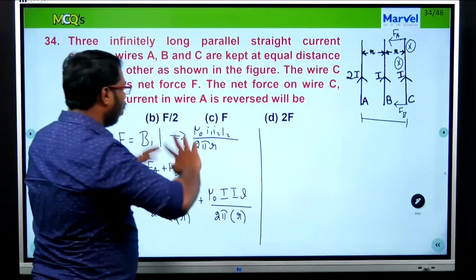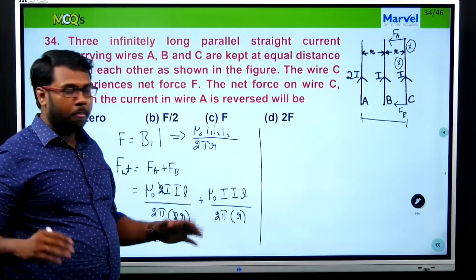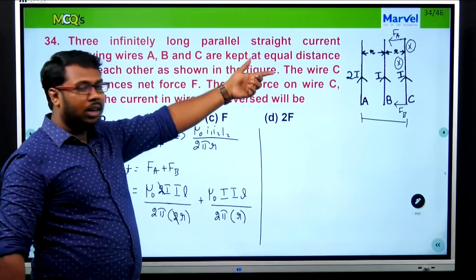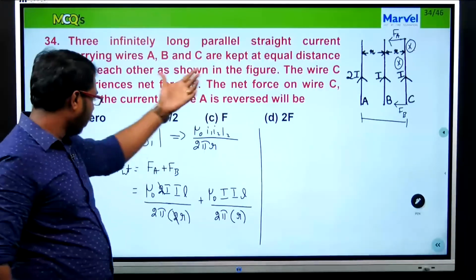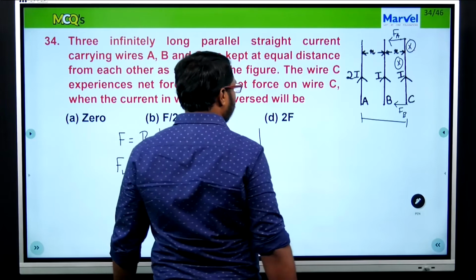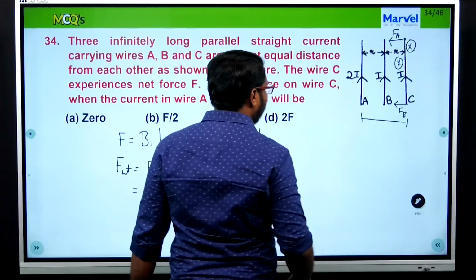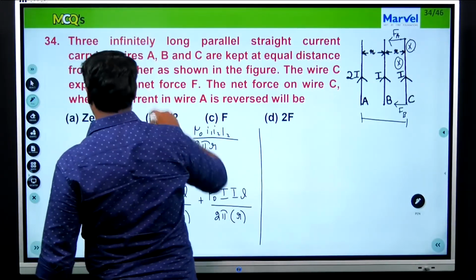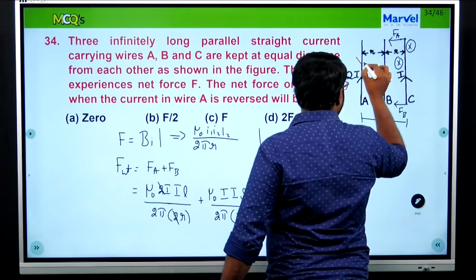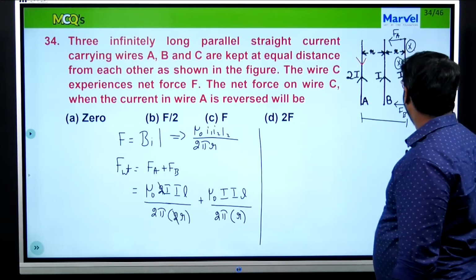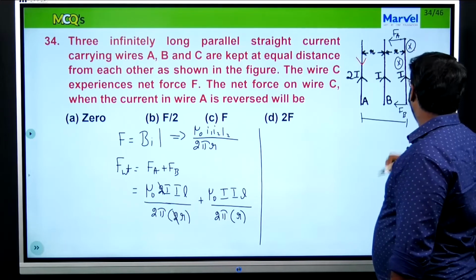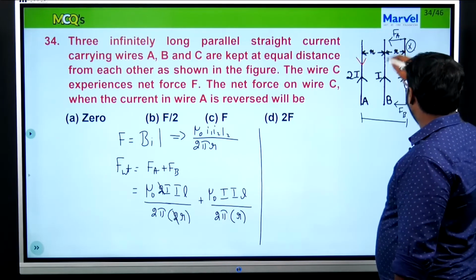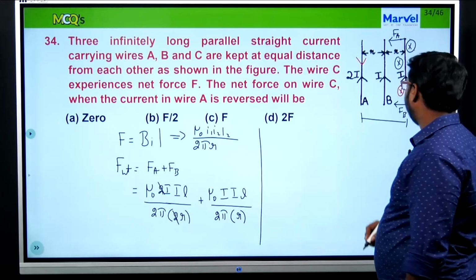So now I am going to do the same exact approach again for the wire C by reversing the direction of the current in A. Now listen, again the net force on C when the direction of the current in A is reversed. If the direction of the current is reversed, the magnetic field that is induced on C will point out, and again due to this it will point in without any change.